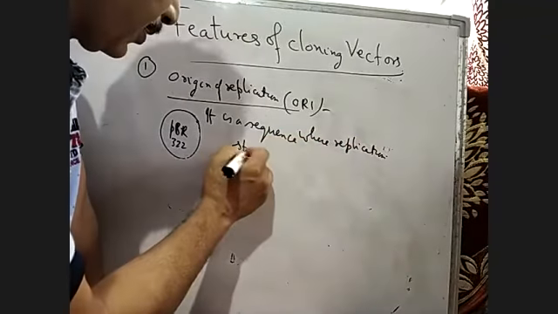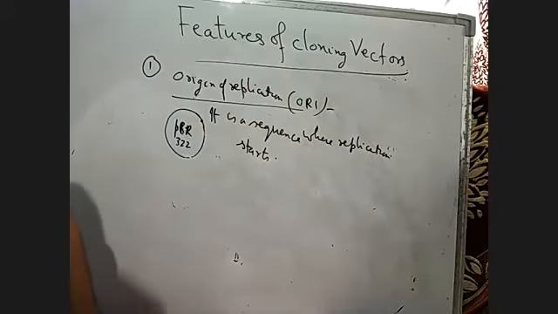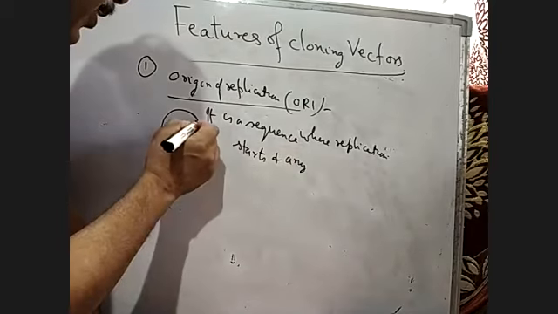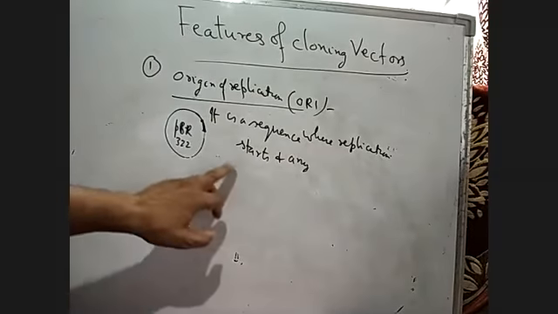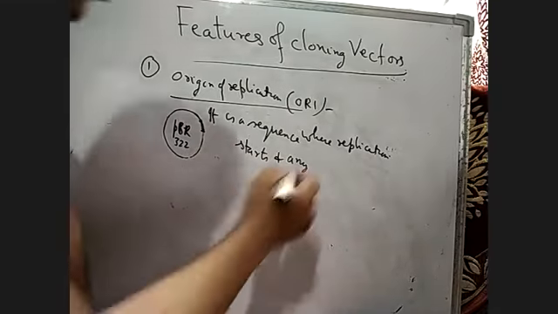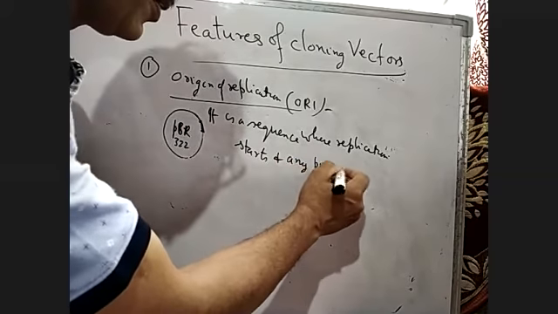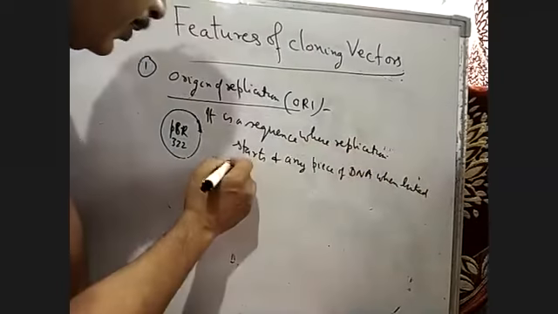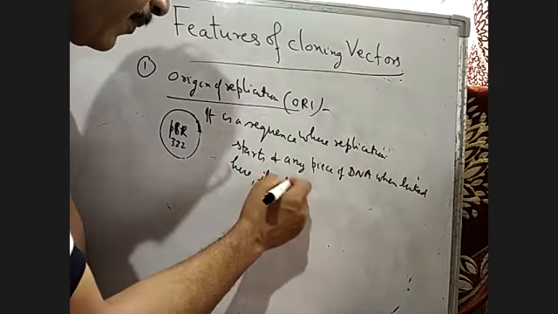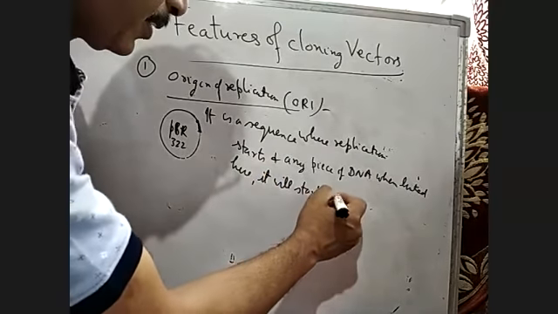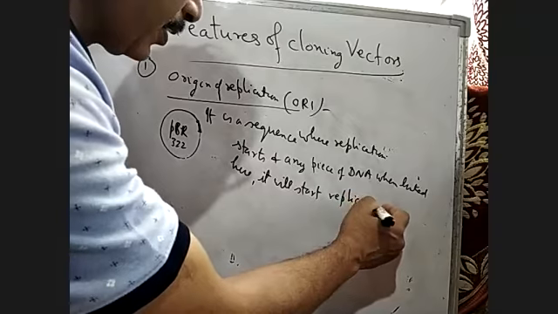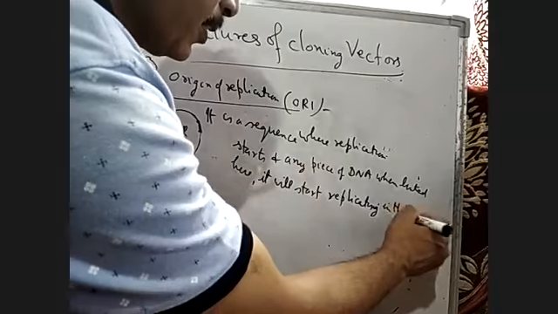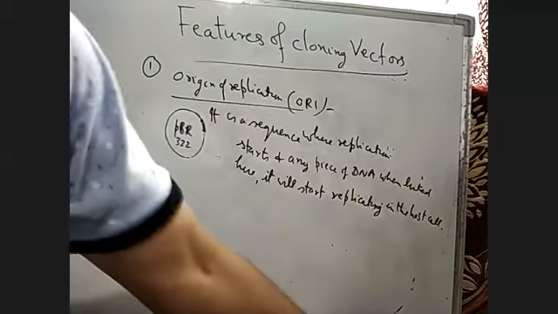Any piece of DNA linked here will start replicating in the host cell. That much you have to write about the origin of replication.